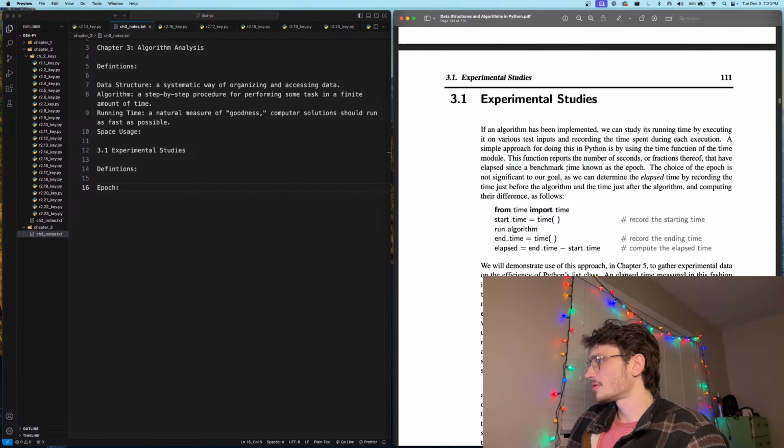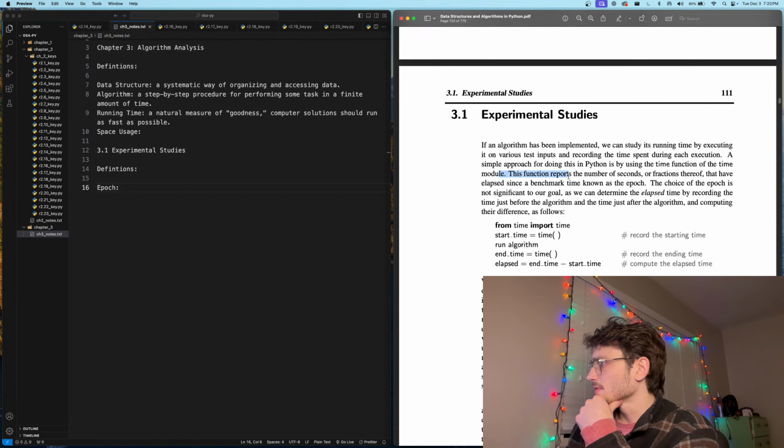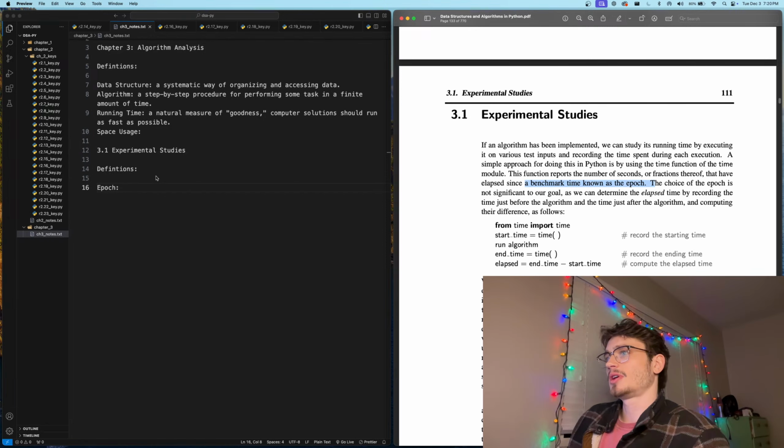It didn't provide me the definition. Okay, so for this function, the choice of the epoch is not significant to our goal, as we can determine the elapsed time by recording the time just before the algorithm and the time just after the algorithm and computing their difference. Oh, so epoch is not the time that elapsed, it's the benchmark time.